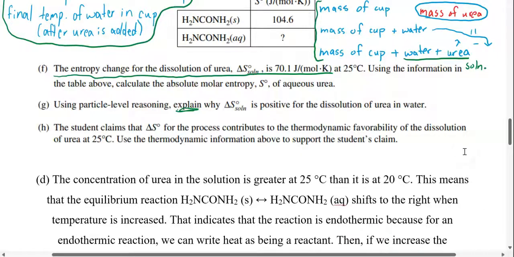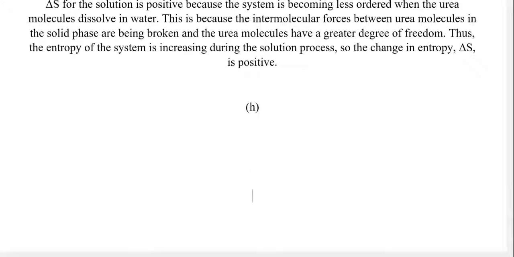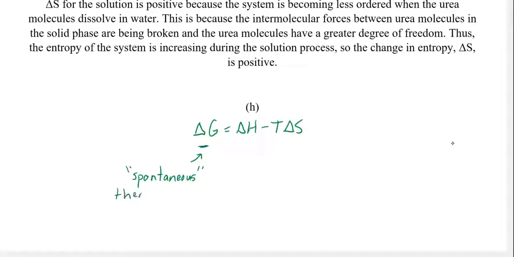So basically, anytime you see thermodynamic favorability, you generally want to think about delta G. So if we think about the equation, delta G equals delta H minus T delta S. Now we know that when this is negative, the reaction or the process is spontaneous, is normally how this is taught, but we can also refer to it as thermodynamically favorable, which is probably a better way, honestly, of describing it.